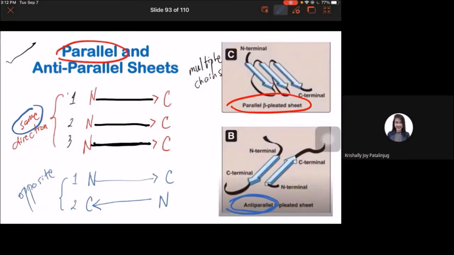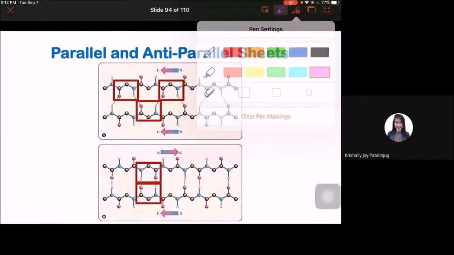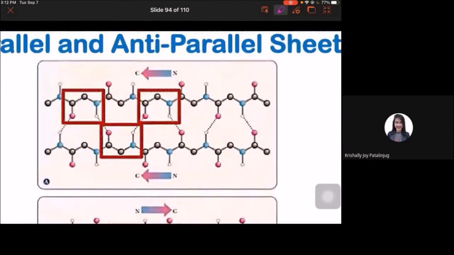Now take note, regarding parallel and anti-parallel sheets, they actually have implications, particularly effects on hydrogen bonds. For the first figure, letter A, may I ask you, ano ba yung direction ng chain?